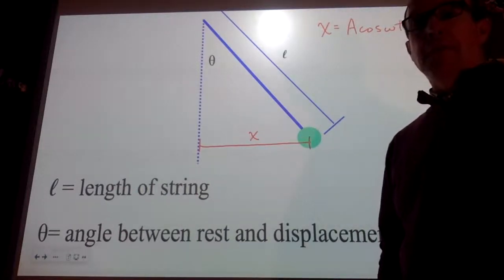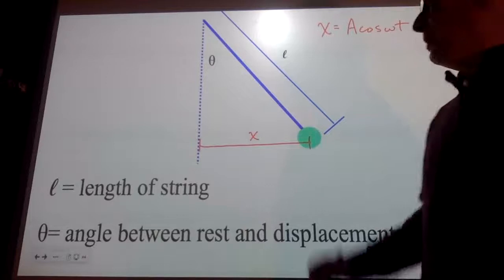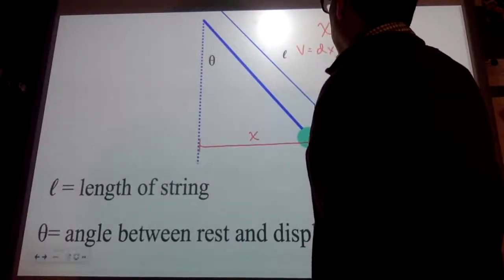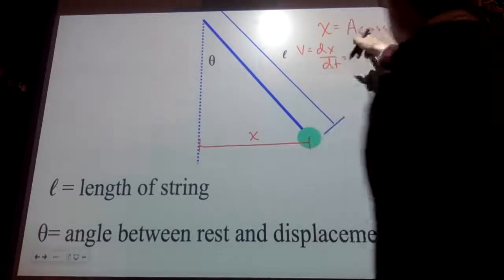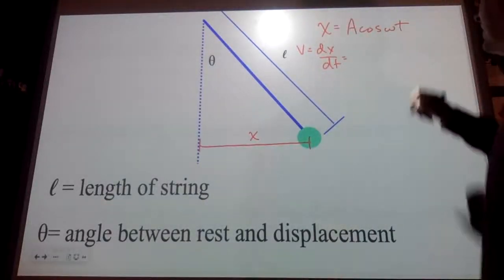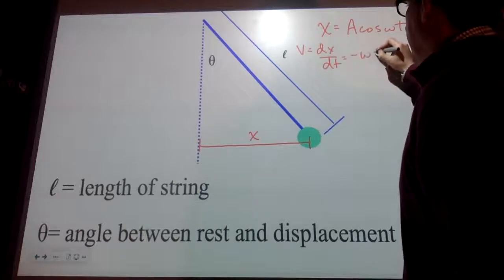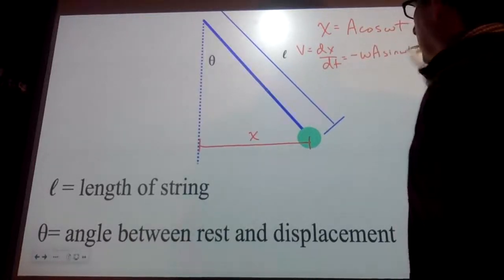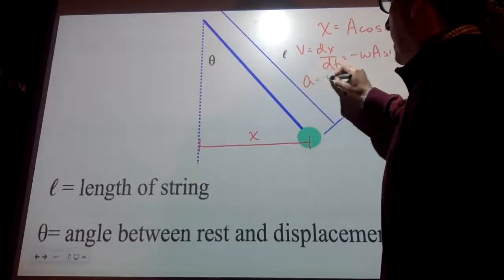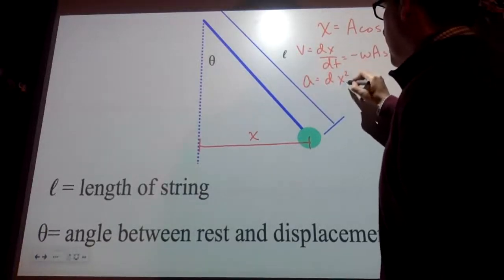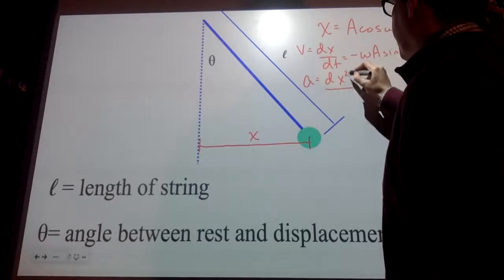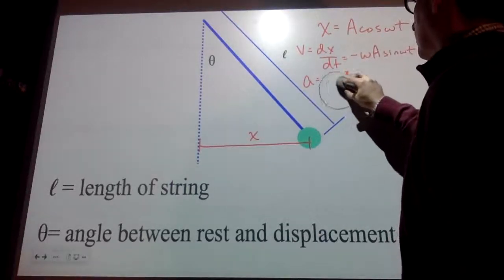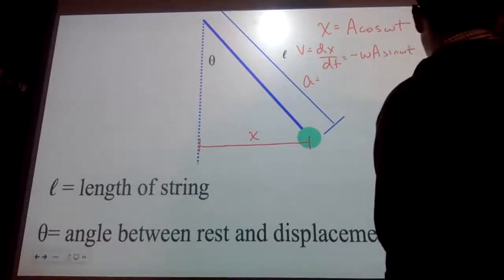So that's going to be able for me to represent the velocity as the derivative of this with respect to time, which is going to be minus omega A sine omega t, and then my acceleration is going to be my second derivative with respect to time.